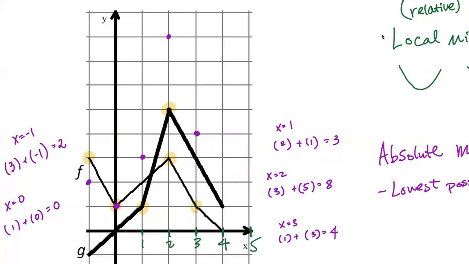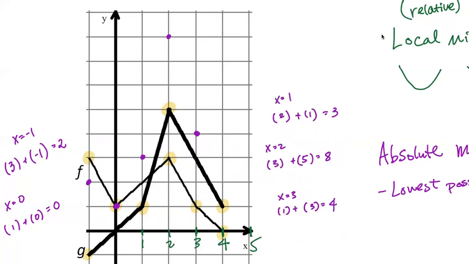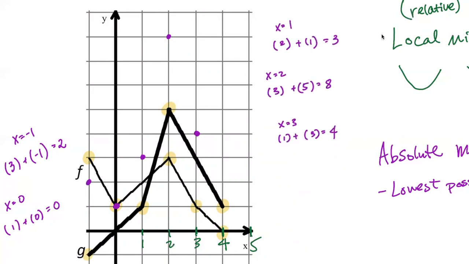Okay, and last but not least, we have the last point, when x is equal to 4. Let me go ahead and shift up the work right here so we have a little bit more space. When x is equal to 4, f of 4 is equal to 0, and g of 4 is equal to 1, so it's equal to 1. So we put a dot at 1.